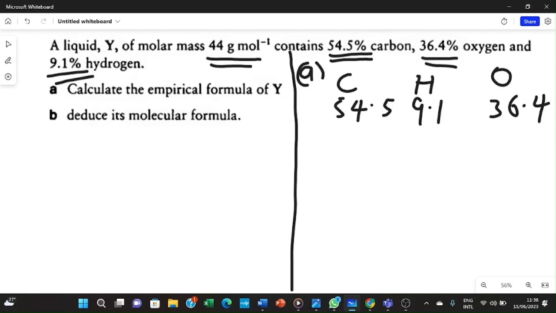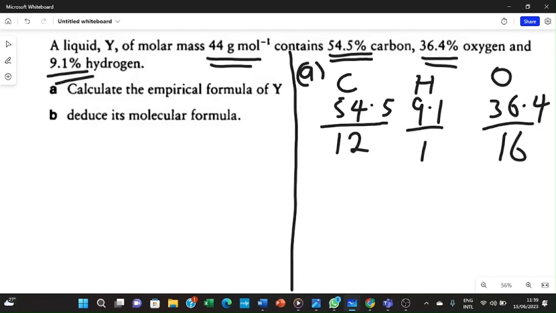After getting the percentage composition by mass, you get the number of moles. So divide through using the relative atomic mass of each of the elements. Carbon is 12, hydrogen is 1, and oxygen is 16.